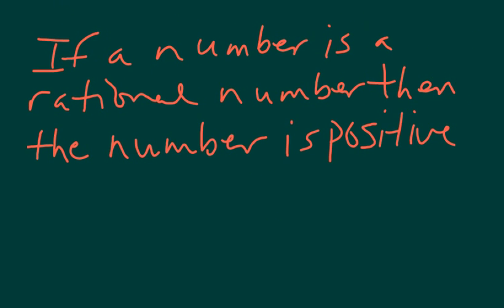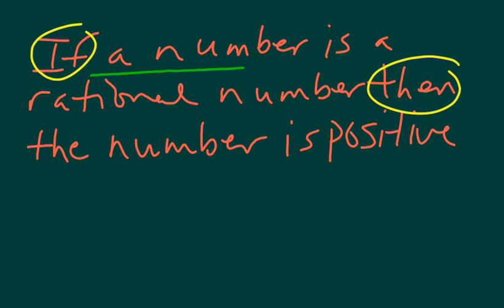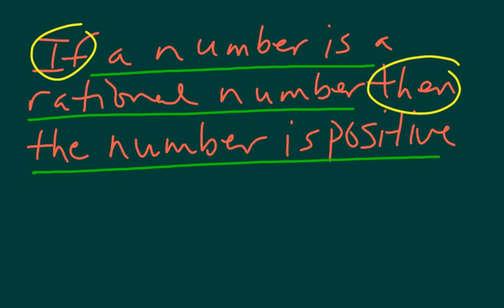Okay, here's another one. If a number is a rational number, then the number is positive. An if-then statement. So, here's the hypothesis: if a number is rational. Here's the conclusion: then the number is positive. Can you think of any rational numbers that are not positive?